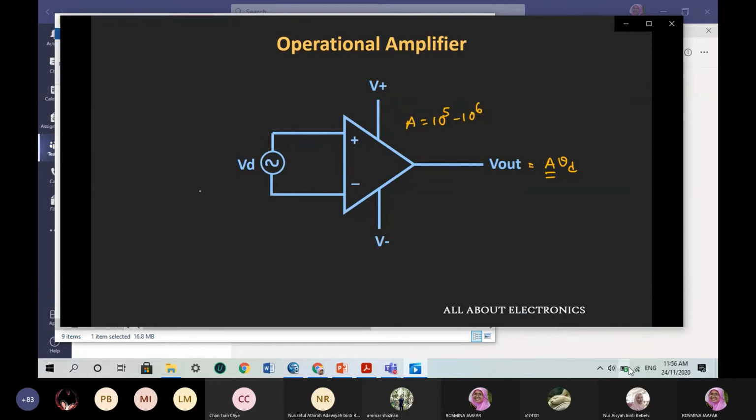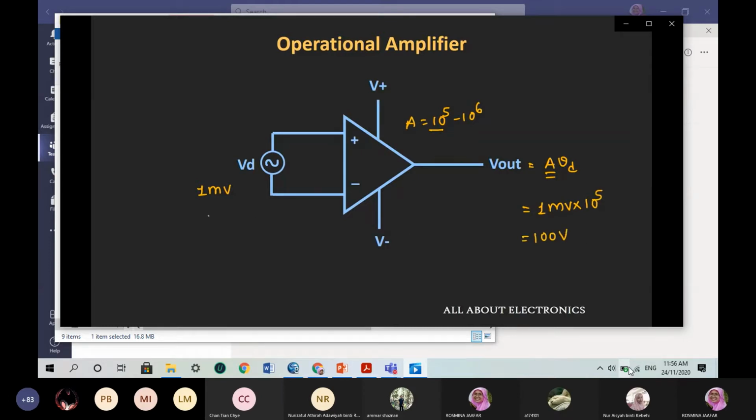So even if we apply 1 millivolt of signal between these two terminals, and the gain of this op-amp is 10 to the power 5, then at the output theoretically we should get 1 millivolt multiplied by 10 to the power 5, that is equal to 100 volt.